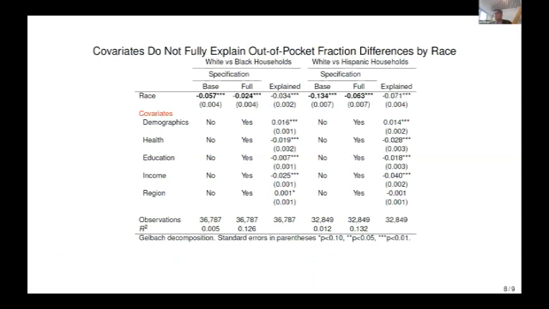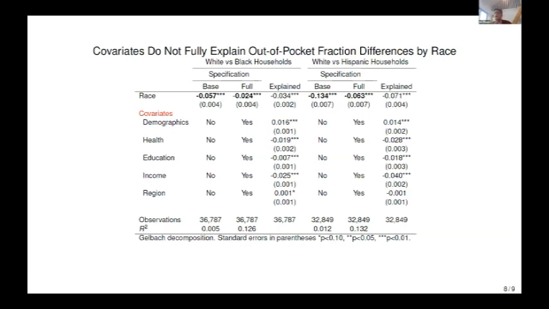Now, interestingly, the covariates that we're using cannot fully explain differences in the out-of-pocket share by race. What the bolded numbers show is that on average, blacks spend 5.7 percentage points less out of pocket in terms of the total share of medical spending.